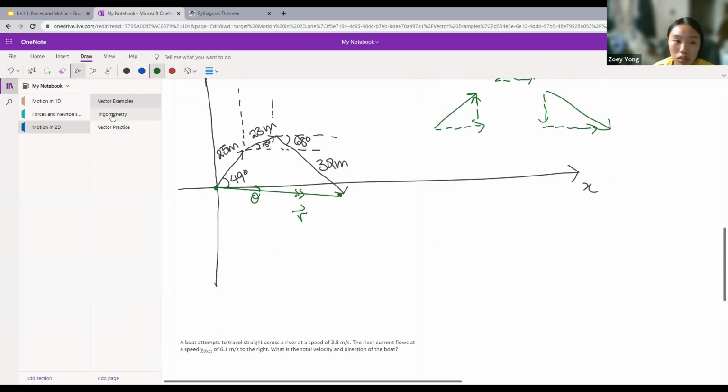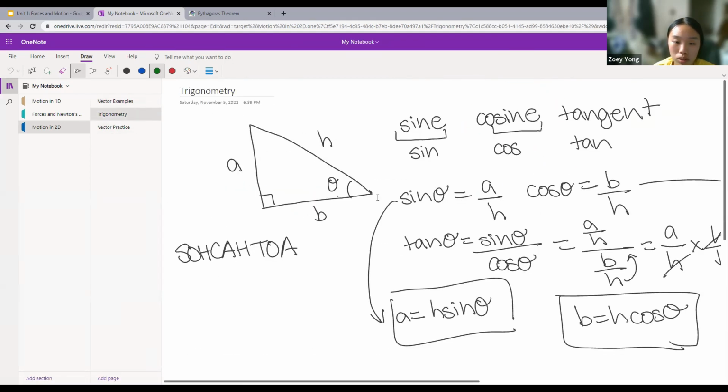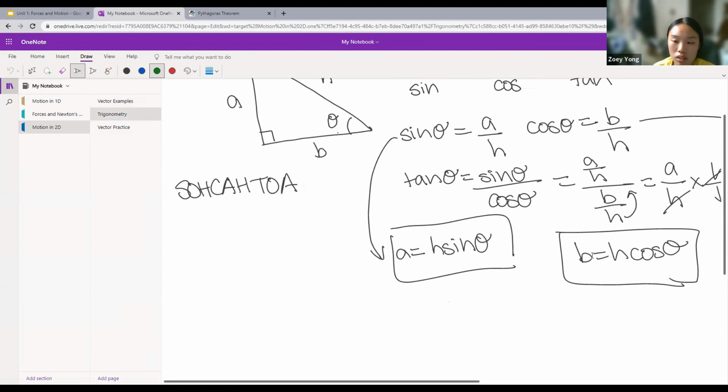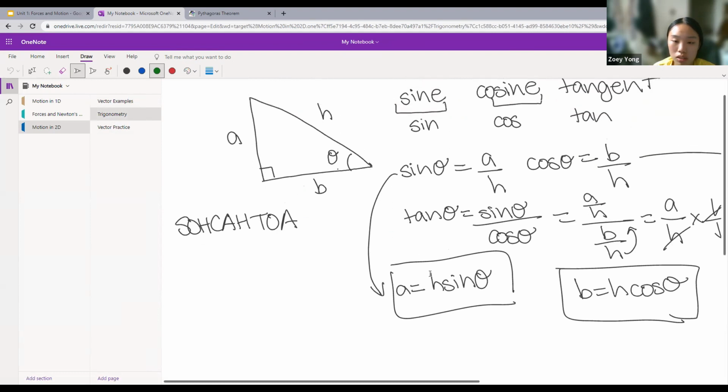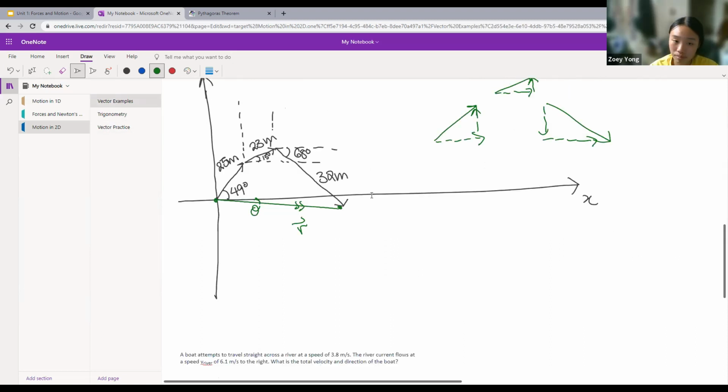So the trigonometry we did earlier comes in. This is A, which is basically how tall the up-down arrow is, and then B is how long the right-left arrow is.